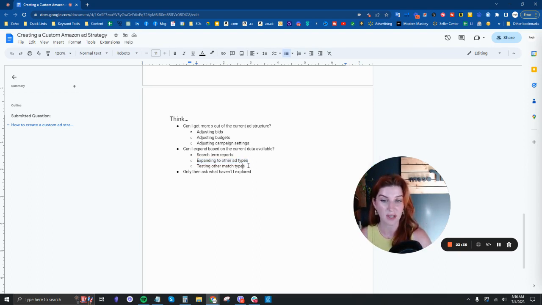And then, of course, testing other match types. So, for instance, if I have something that's absolutely crushing it in exact match, can I launch it in broad match or phrase match, lower bids, maybe try and get some other placements? Or other things that could work: do I have exact ASIN targeting that's absolutely crushing it?